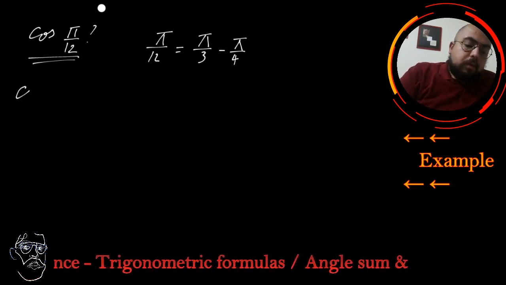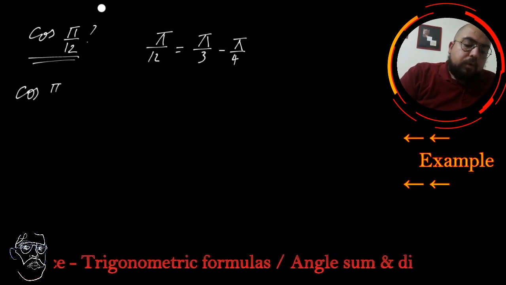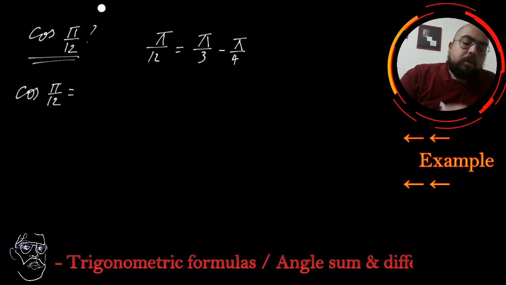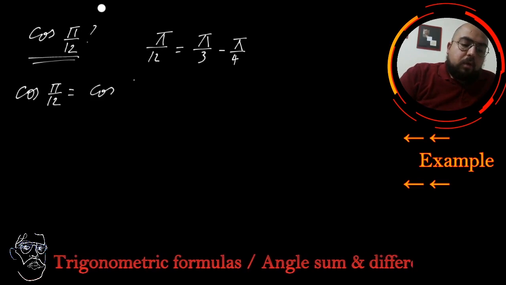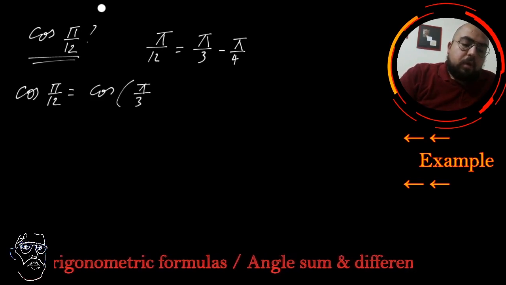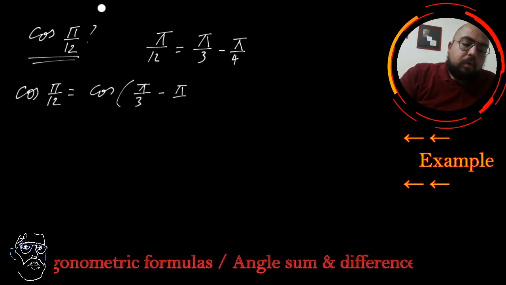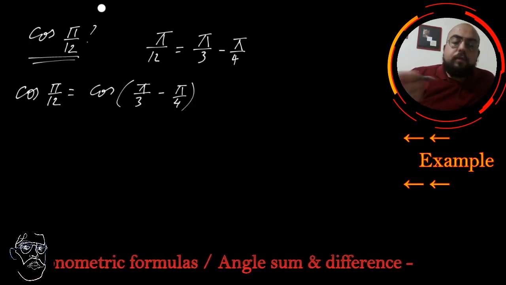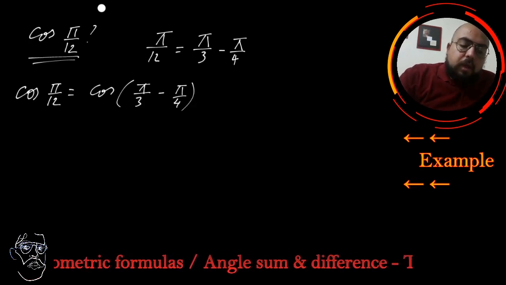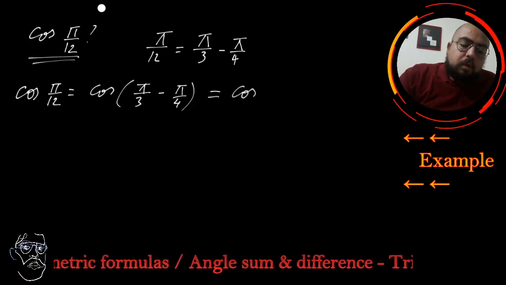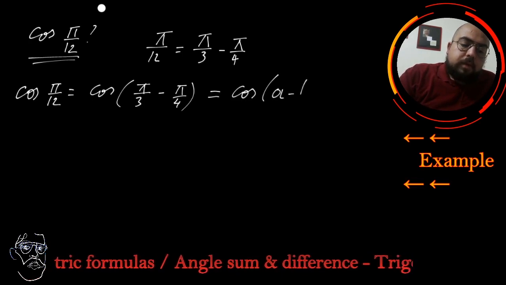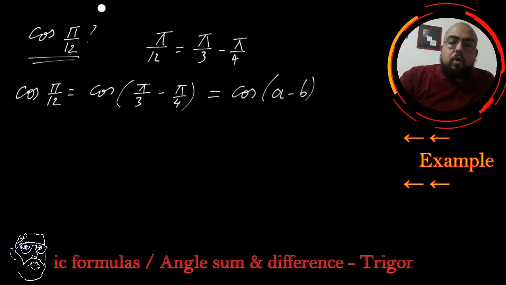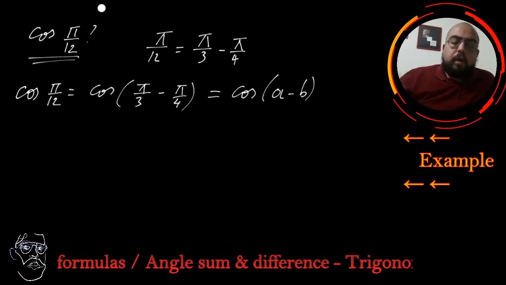I will be able to say that cosine of pi over 12 is cosine of pi over 3 minus pi over 4. And I will use my formula. It looks like cosine of a minus b. Cosine of a minus b, what is the formula?